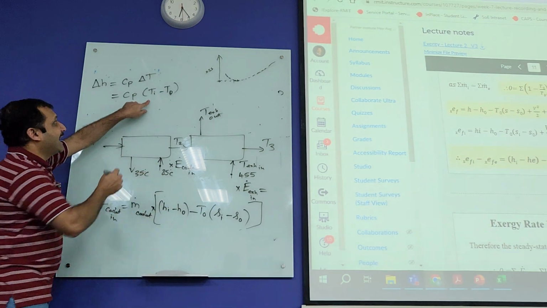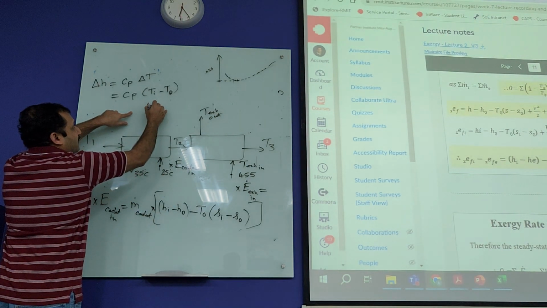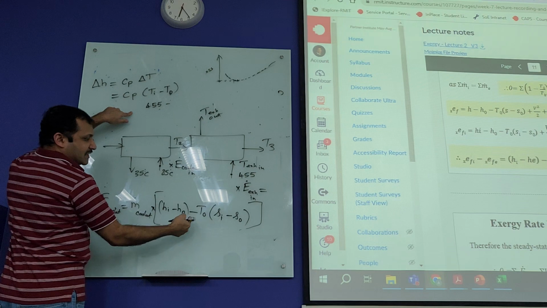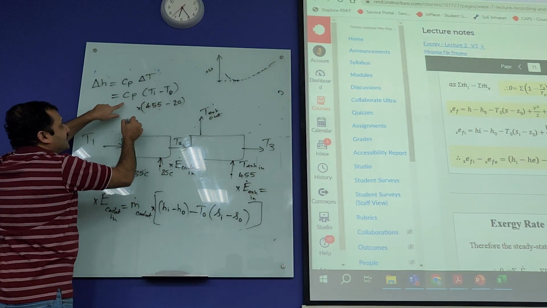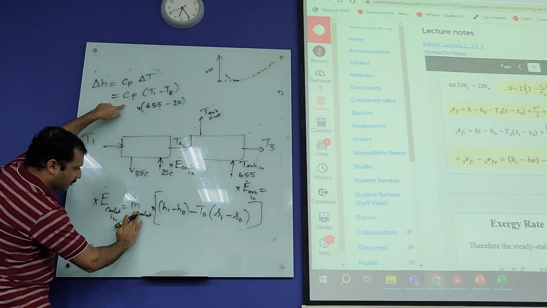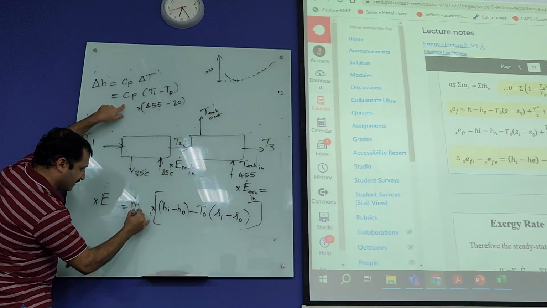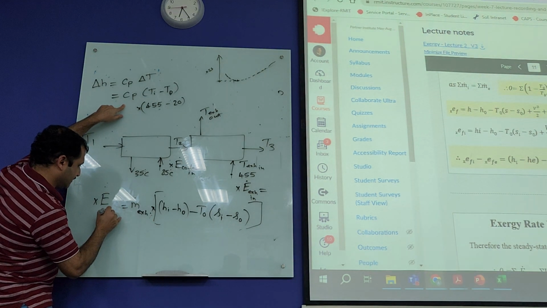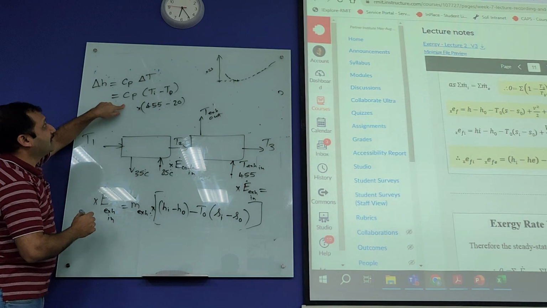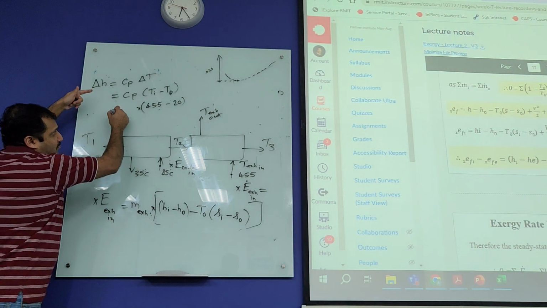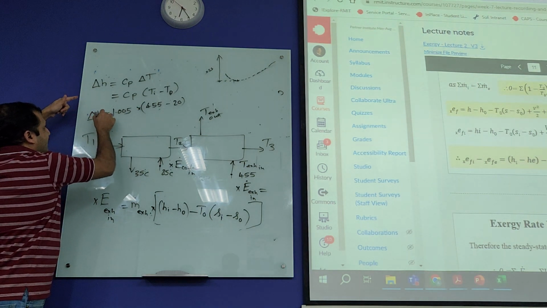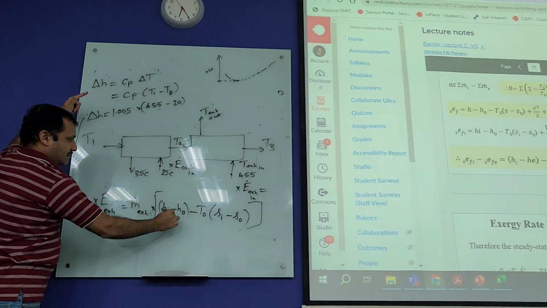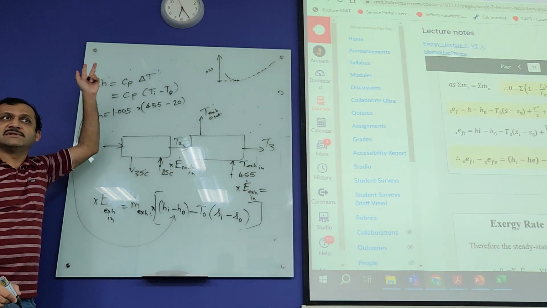So what is temperature at inlet? 455 minus, what's the dead state temperature? 20. What's the specific heat capacity of exhaust? Let me put this back to exhaust, so it will make it exhaust in. What's the Cp of exhaust? 1.005. And that gives you delta H. Simple.